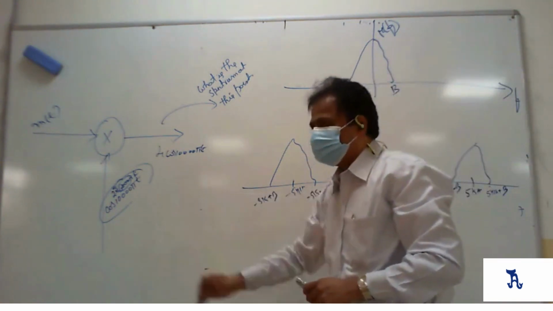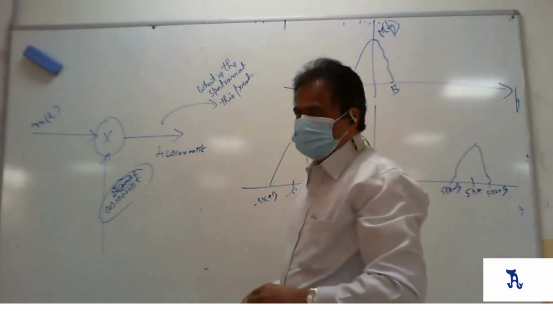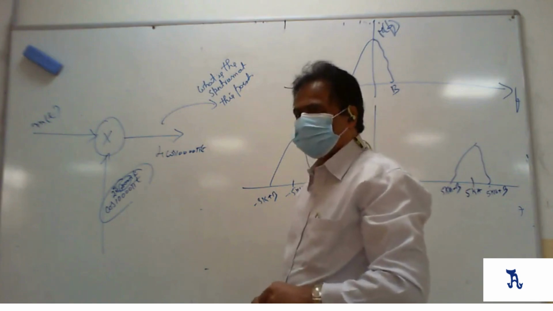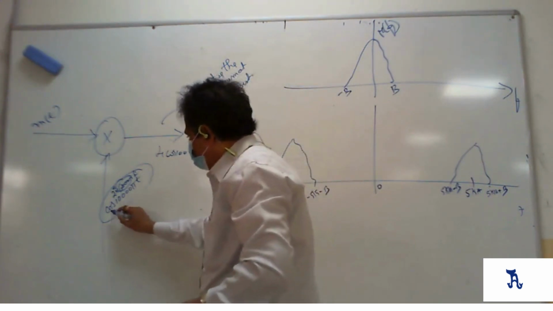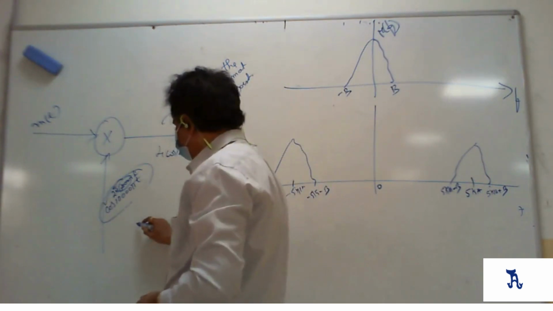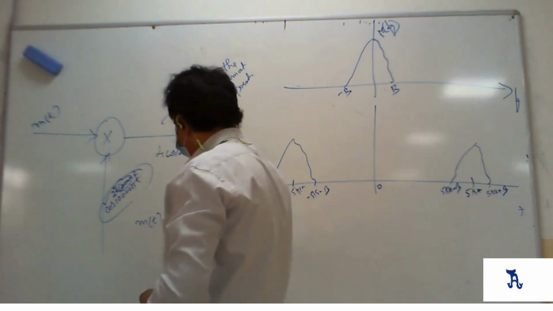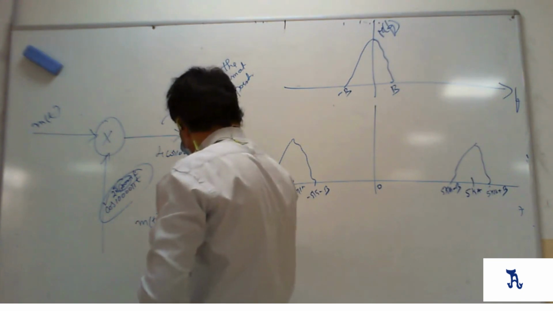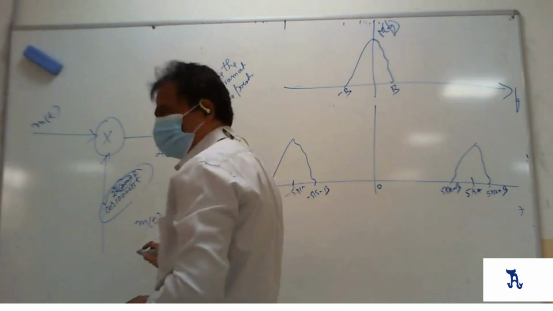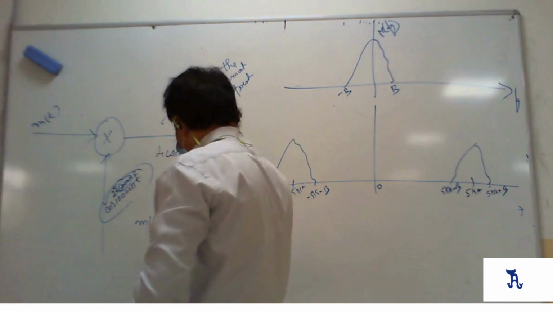If this is sine, see how it is going to be. See here, if it is cos, m of t into cos of 2 pi f c t.